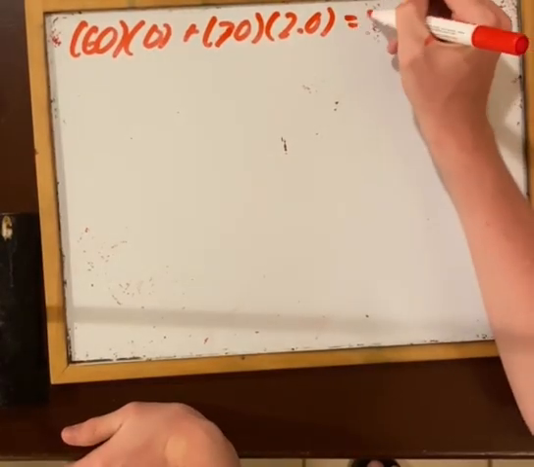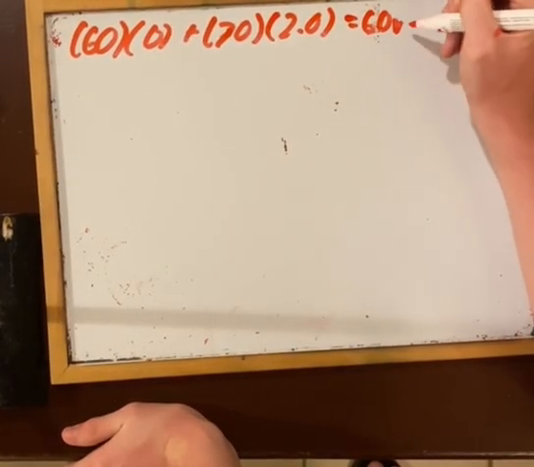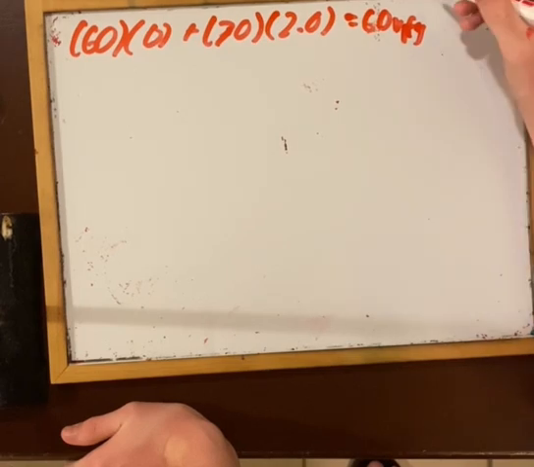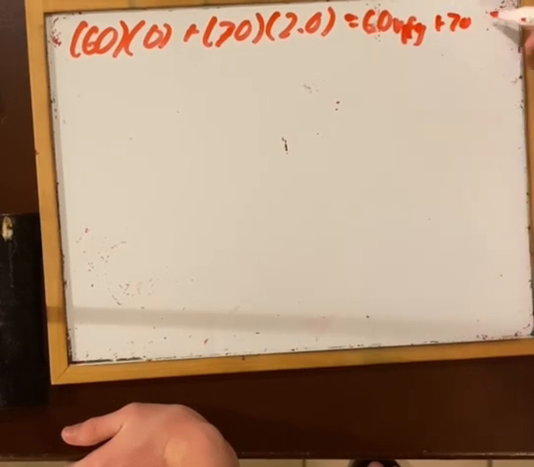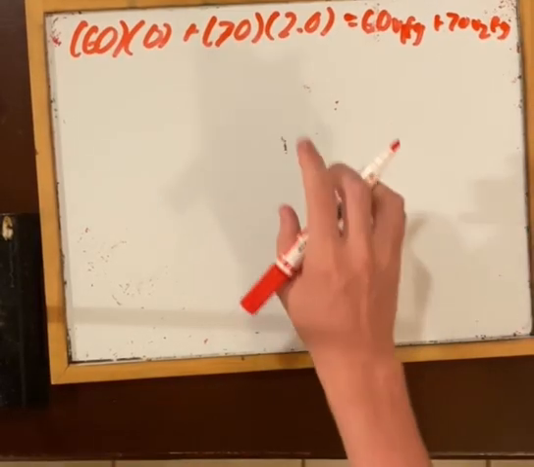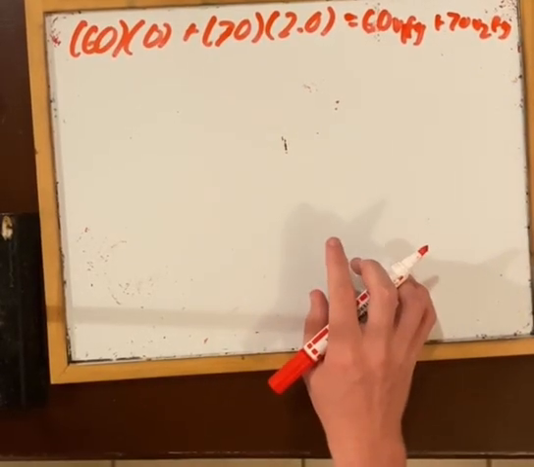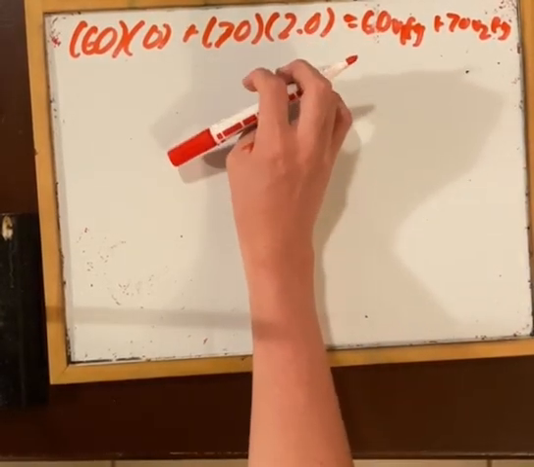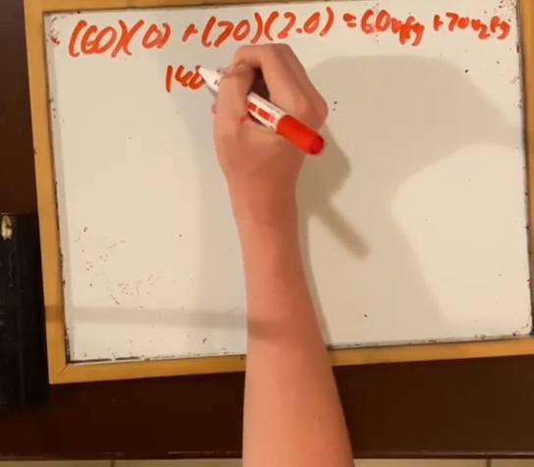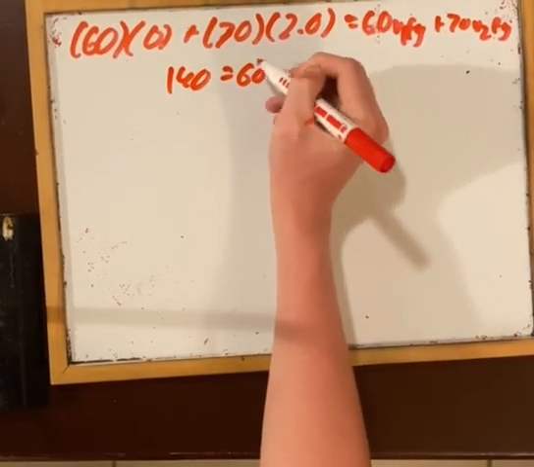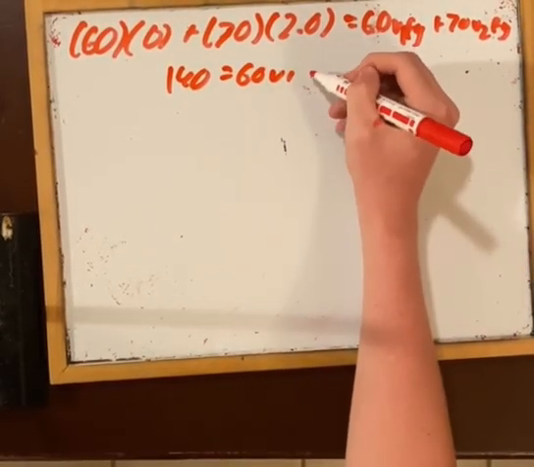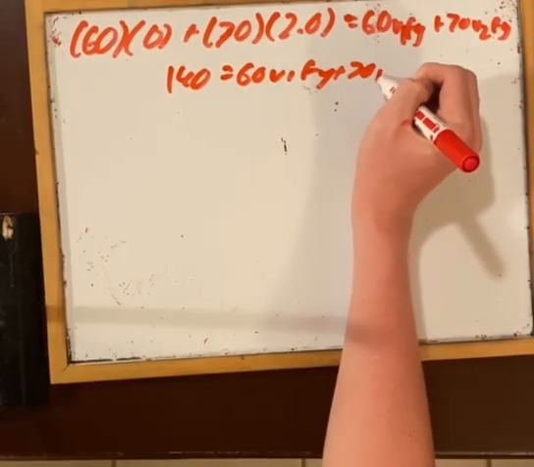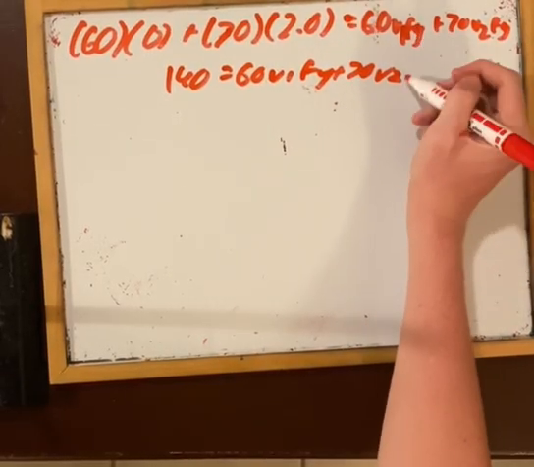This equals 60 v1f of y plus 70 v2f of y. And now, distributed, it's 140 equals 60 v1f of y plus 70 v2f of y.